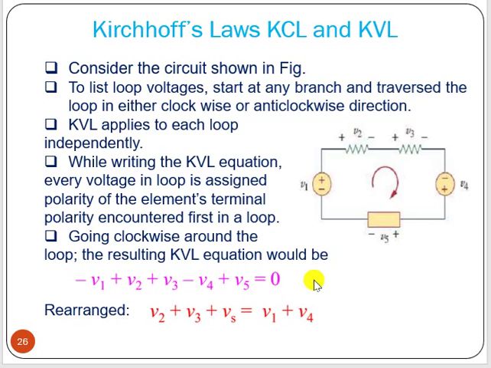That is equal to 0. You can rearrange that. So V3 plus V2 plus V5 equal to V1 plus V4. Here we are considering the direction clockwise, and when we encounter the minus or plus polarity, that is what we write.